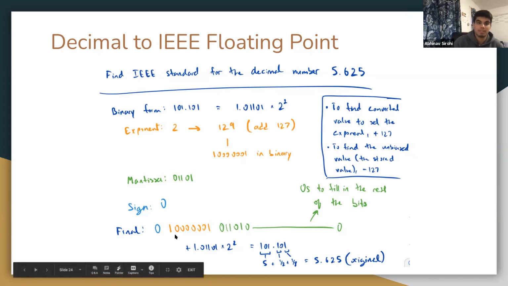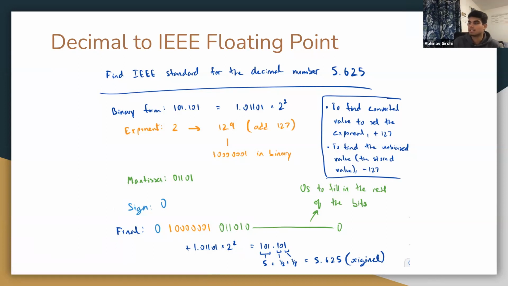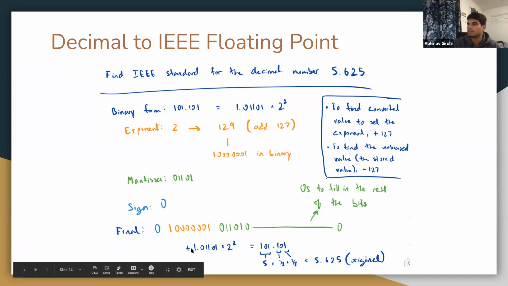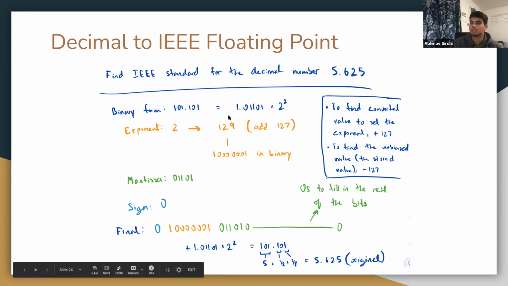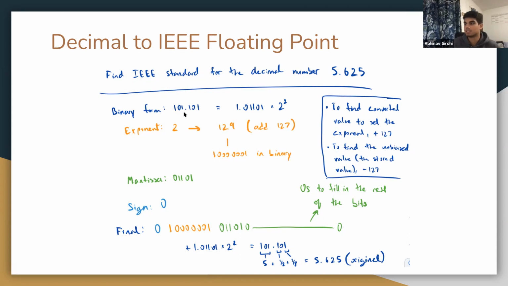If you want to check it, you could just convert backwards. So let's try to convert this backwards. We have the plus sign because it's a 0, and we have the 1 because 1 is assumed in the normalized form, which means the number to the left of the decimal point is greater than 0, so it has to start with a 1.